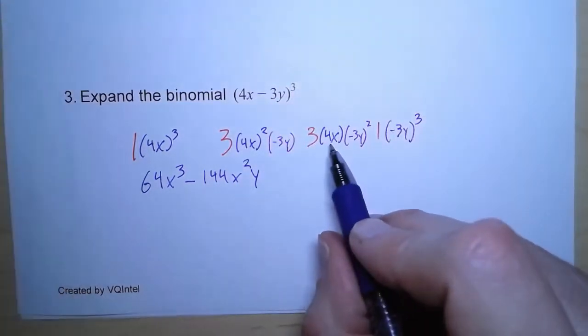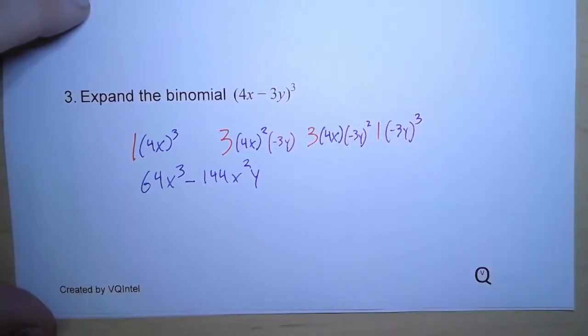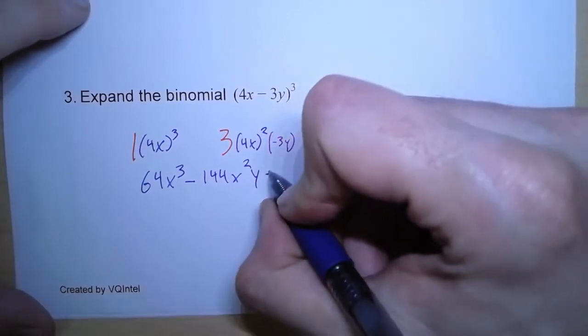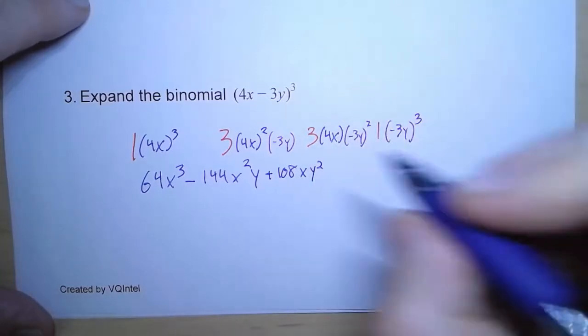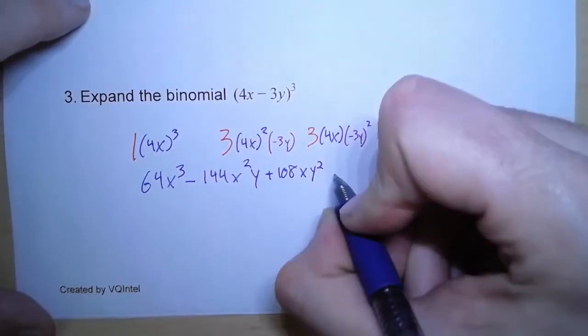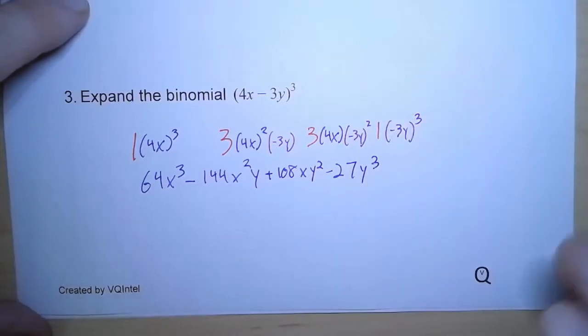Here we have 3 times 4, which is 12, times negative 3 squared, that's positive 9. So positive 9 times 12 is going to be positive 108 x y squared. And then finally we have negative 3 cubed, which is negative 27 y cubed.